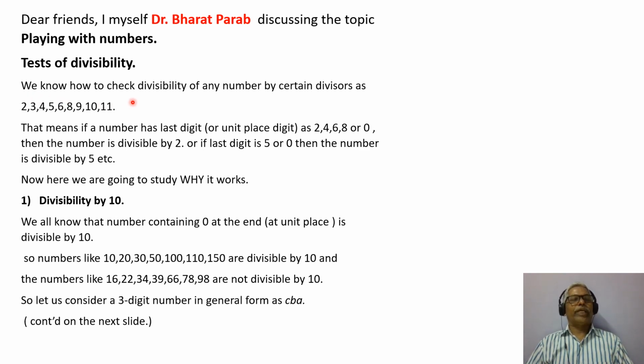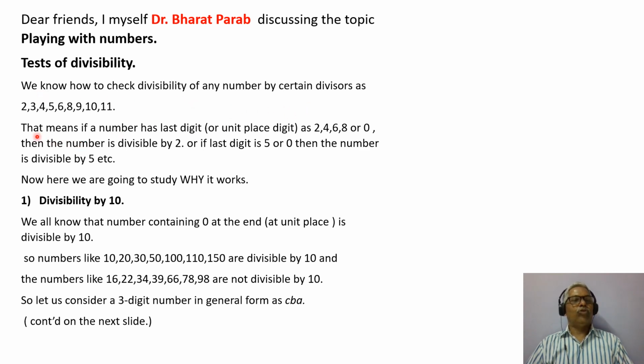We know how to check the divisibility of any number by certain divisors such as 2, 3, 4, 5, 6. It doesn't contain 7, 8, 9, 10, 11, like that. What does this mean? That means if any big number is given, then by certain tests or rules, we can judge whether the number is divisible by 2 or 3 or 4, like that.